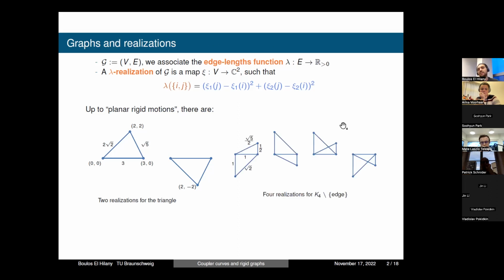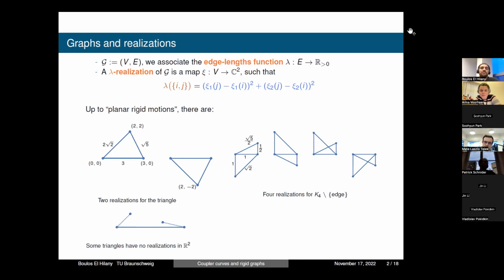In this case, it has two realizations in R2. If I take a slightly more complicated graph, for example, K4 minus 1 edge, then it has 4 realizations in C2, up to those planar rigid motions, and all of them actually appear in R2. But when I talk about realizations, I don't only talk about ones in R2.